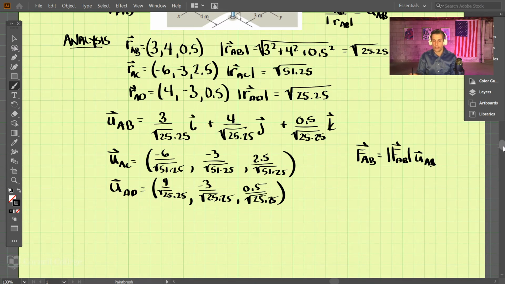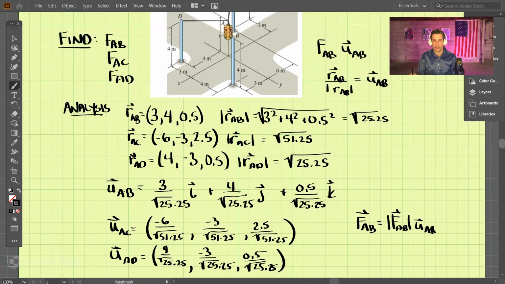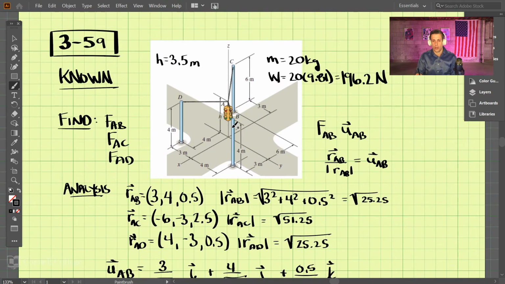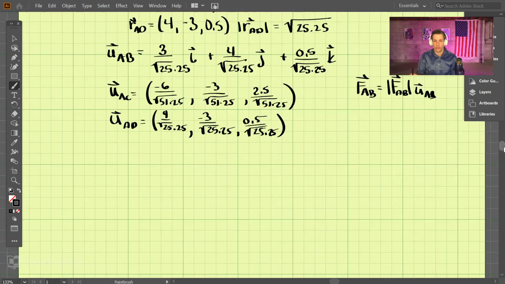So what we're going to do is use our equilibrium equation, where we add all these forces and set them equal to 0. Let's do the sum of the forces in the x direction first and set those equal to 0. In the x direction, we have all our I components. Remember, I is the one concerning the x direction.